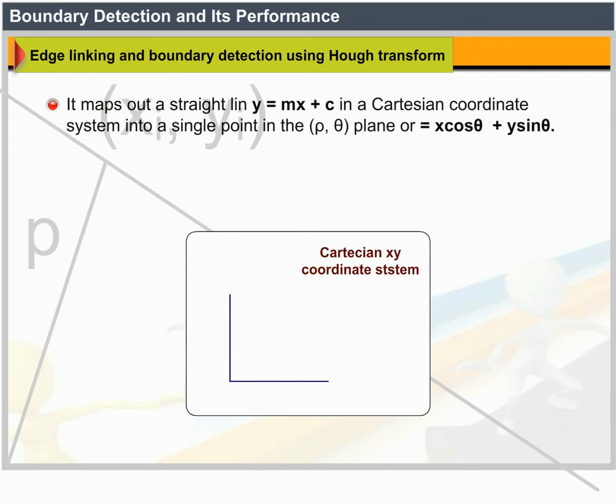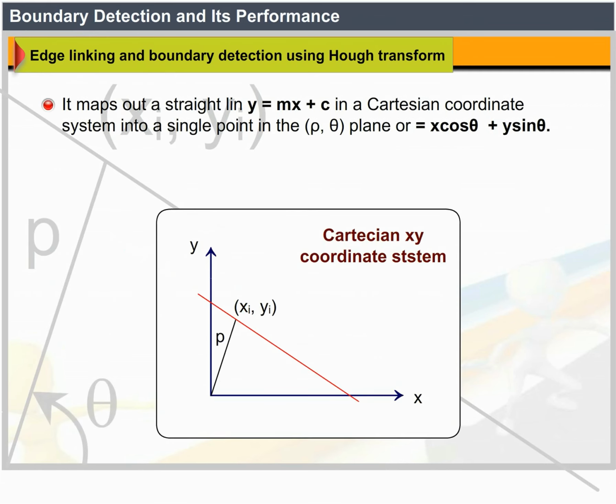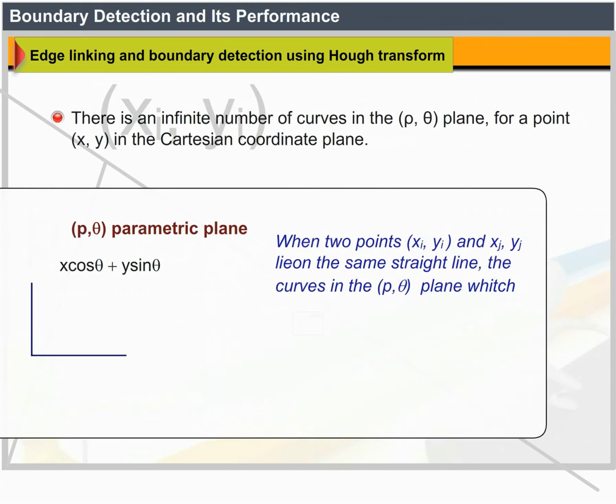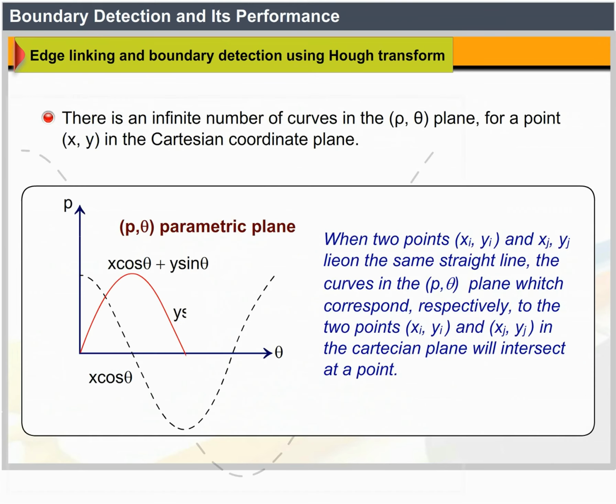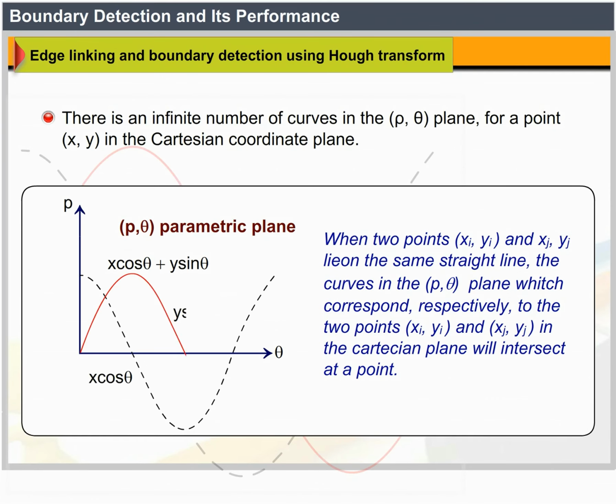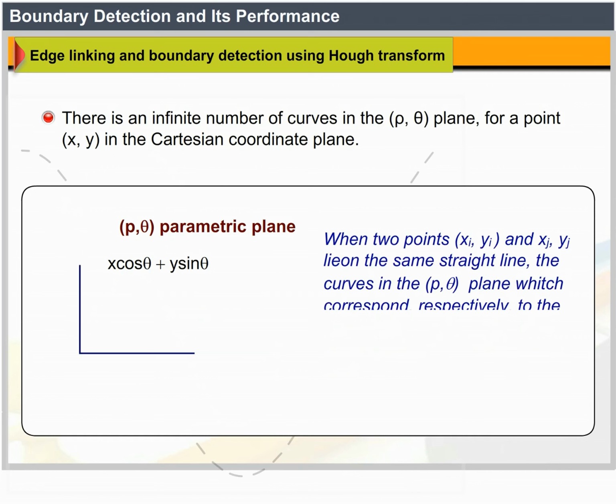It maps straight line y equals mx plus c in a Cartesian coordinate system into a single point in the rho, theta plane, or rho equals x cos theta plus y sin theta. For a point x, y in the Cartesian coordinate plane, there will be an infinite number of curves in the rho, theta plane.